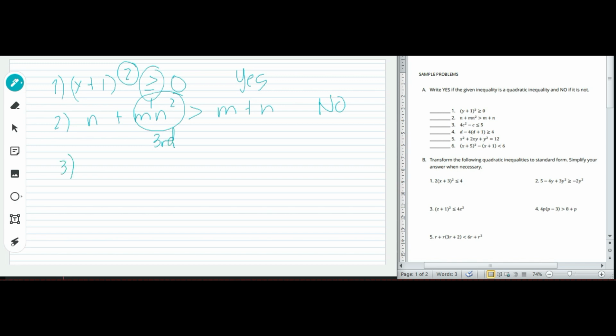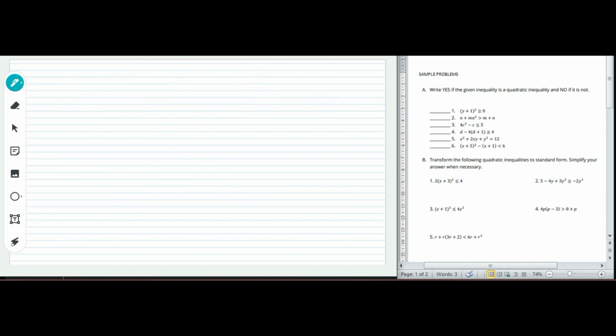For the number 3 is 4c squared minus c is greater than or equal to 5. If we're going to make it in standard form, you just have to put this on the other side. So it's 4c squared minus c minus 5 is less than or equal to 0. So it's a yes. It's a quadratic inequality, right? And for the next number, we have the number 4.